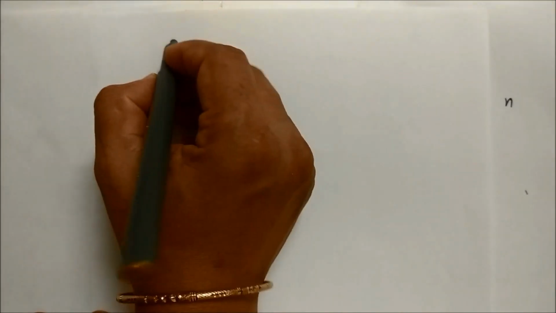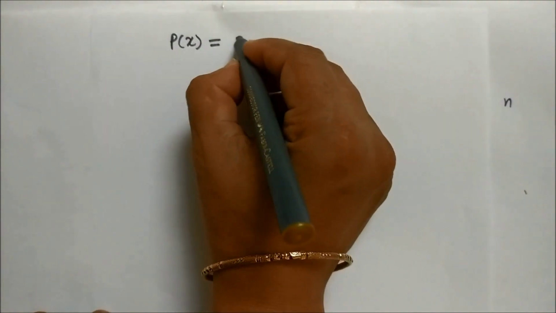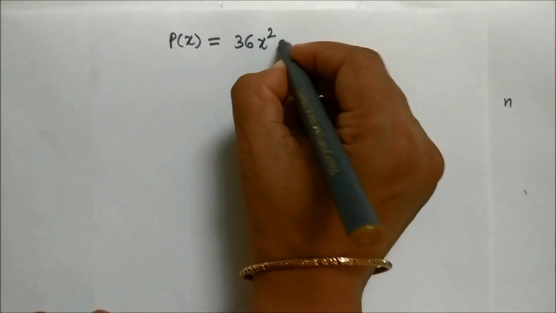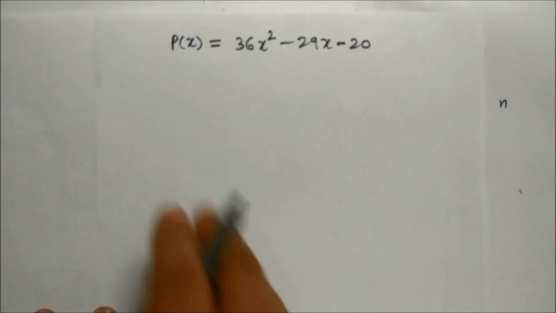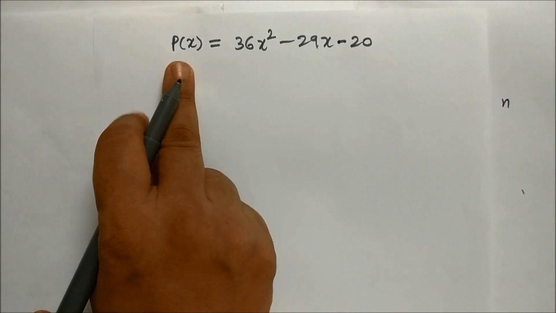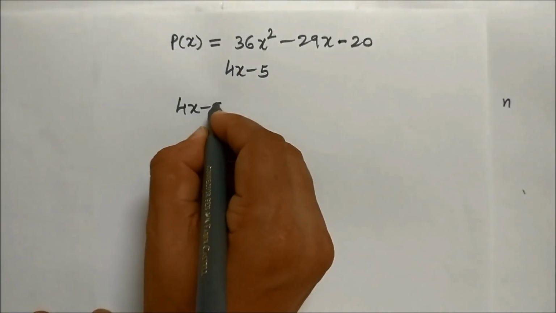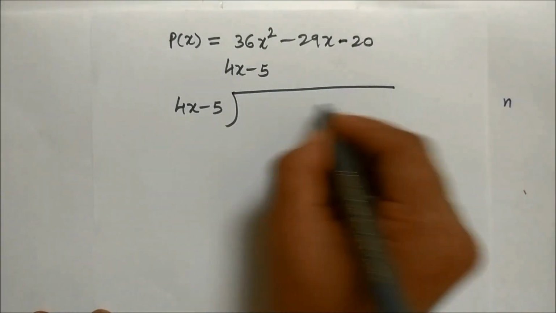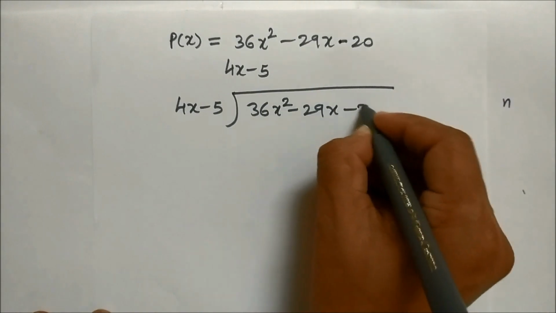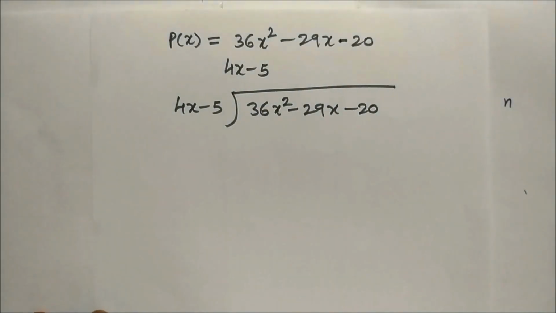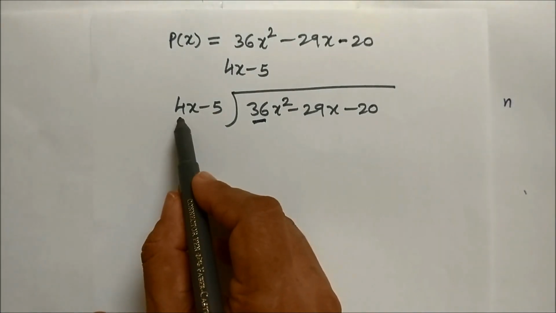Now for finding factors of the polynomial px, this is 36x square minus 29x minus 20, we will divide this polynomial by 4x minus 5. So 4x minus 5, and here 36x square minus 29x minus 20. Now here we have 36. So what should we multiply in 4?